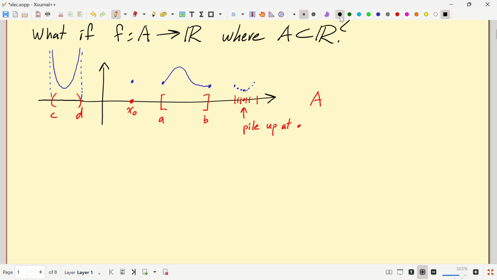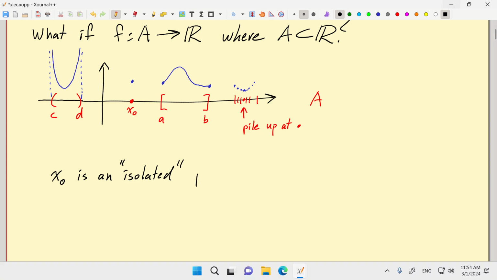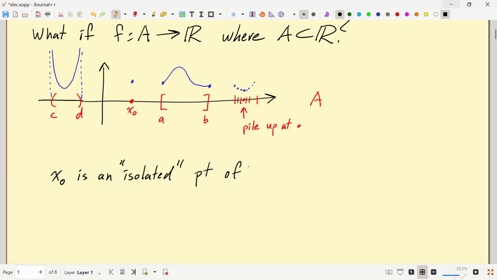So you notice that the only time something interesting happens is if the point I'm talking about is a cluster point of A. So x naught is an isolated point of A, which is the same as saying it's not a cluster point or accumulation point.